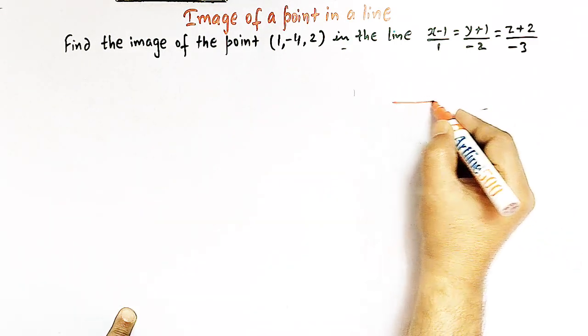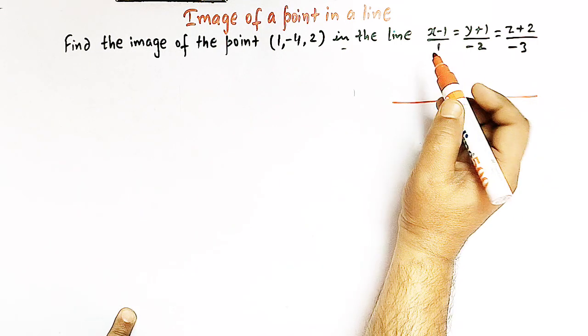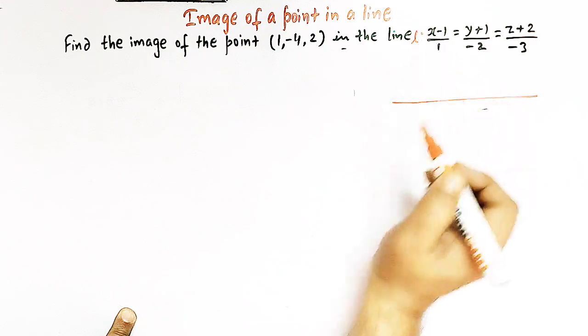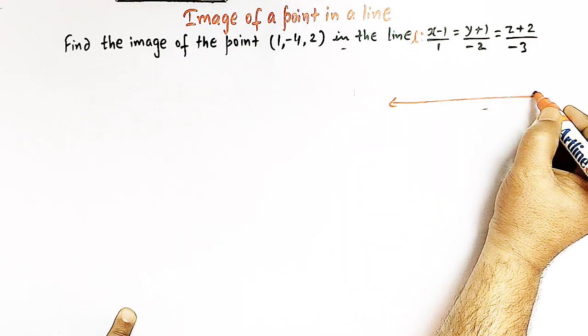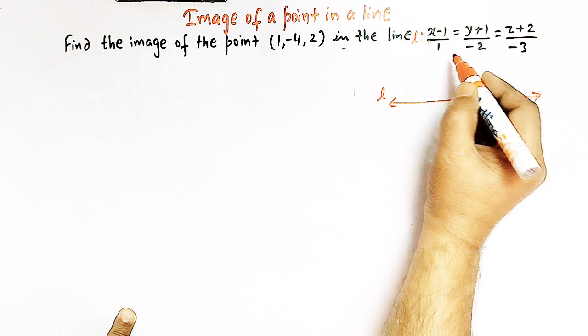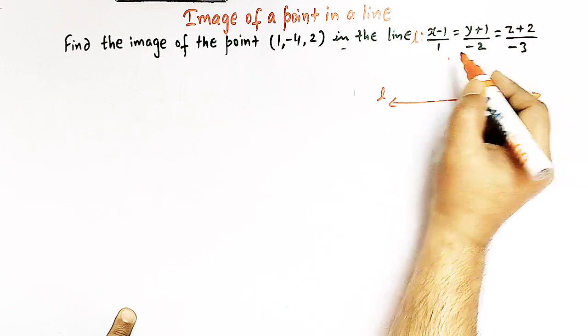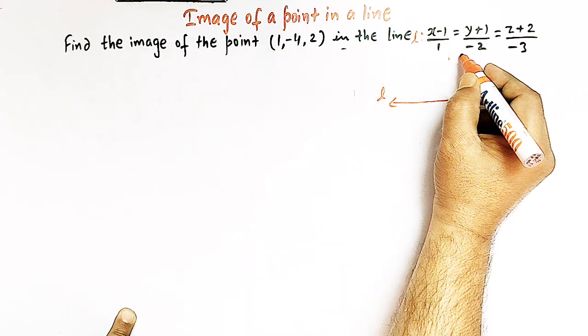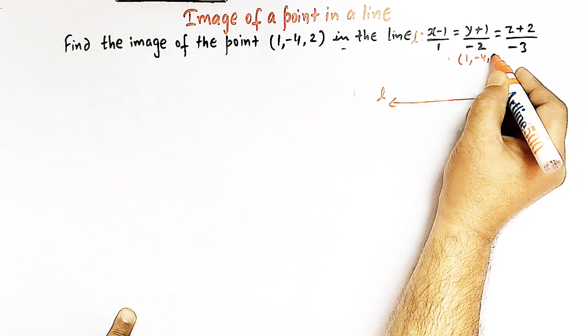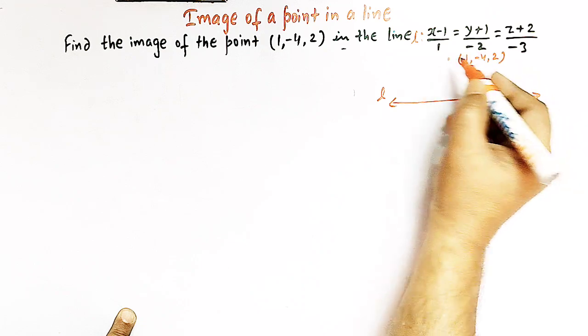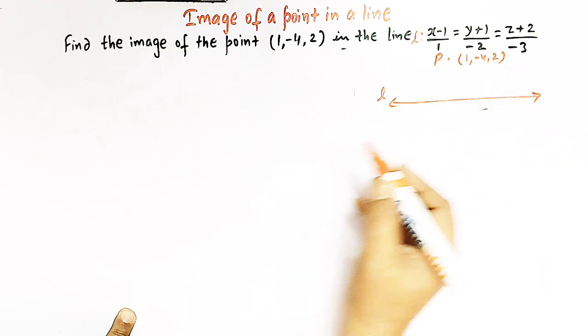So here we have this line. Suppose this line is our line L. And here we have the point (1, -4, 2). Let us call this point P, right?